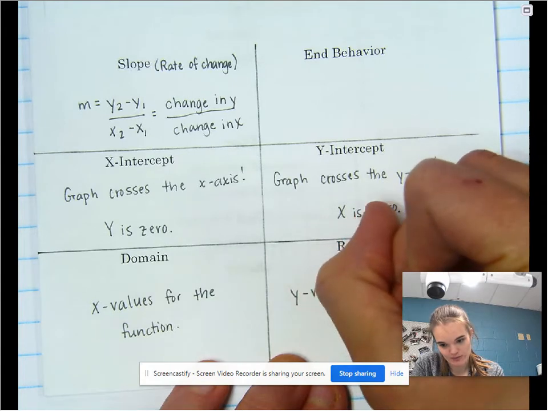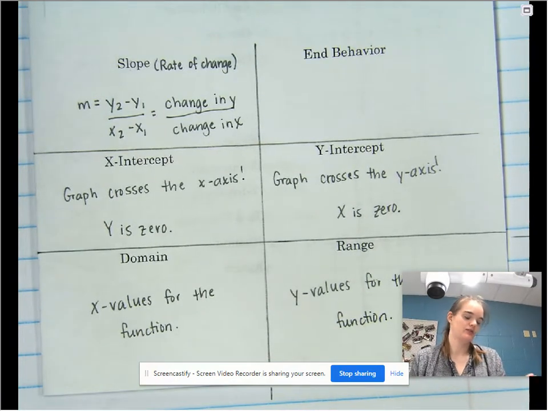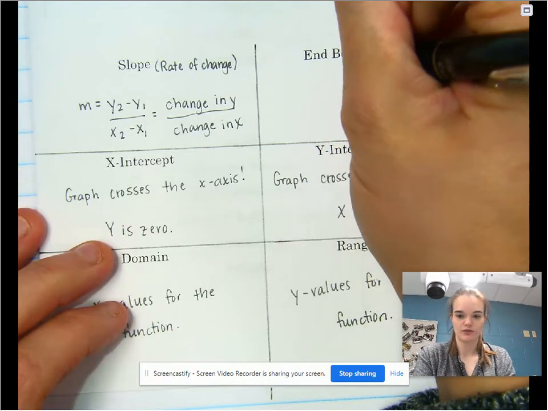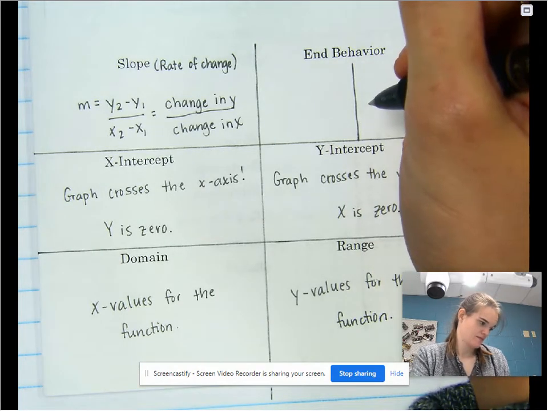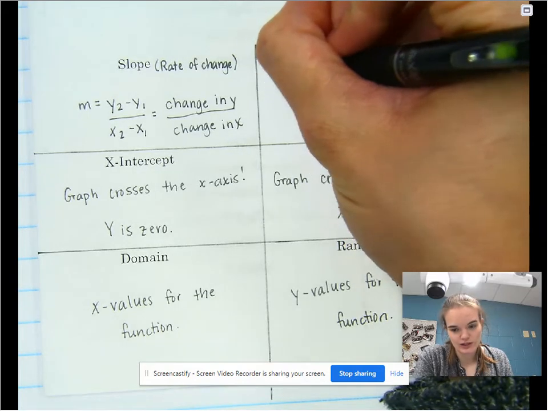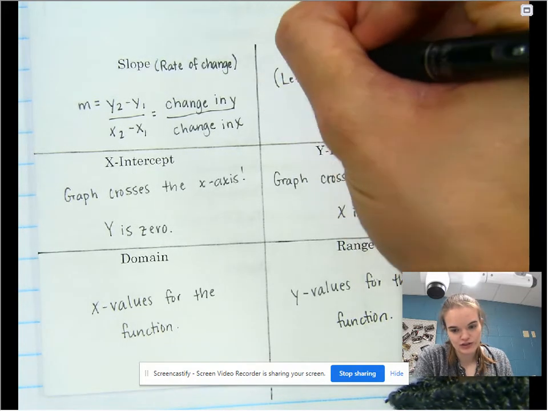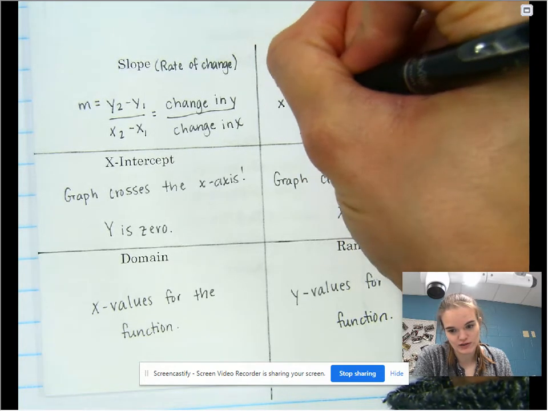Okay, now we're going to talk about end behavior. End behavior is talking about what's going on from left to right. We will be talking about what the graph is doing on the left side, but you won't see it as left, you will see it as x approaches negative infinity.